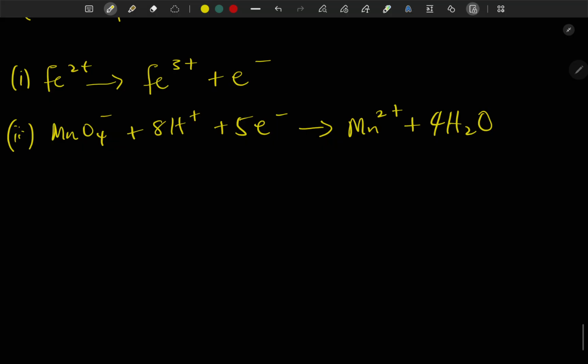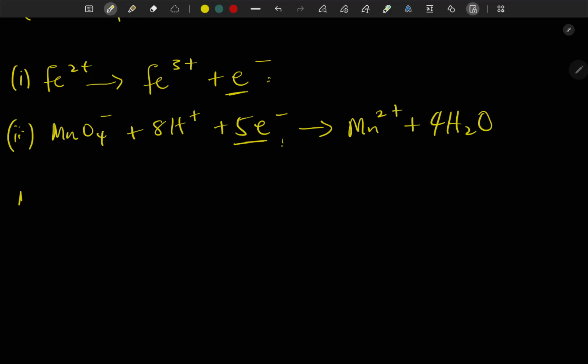Now we are going to do something. We want to make sure that the number of electrons for both oxidation and reduction reaction are equal. So here we have 5 electrons, here we have 1 electron. So we are going to multiply equation 1 by 5 and multiply equation 2 by 1, so that the number of electrons are the same at both equation 1 and equation 2.